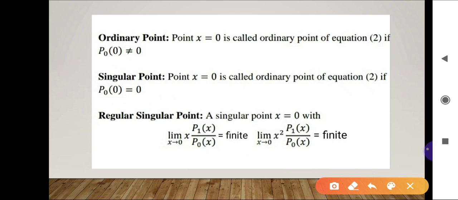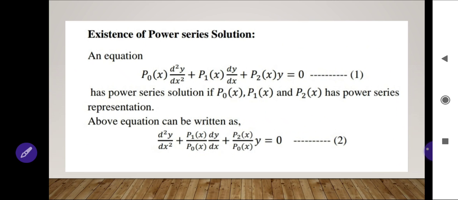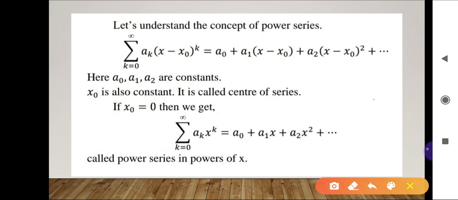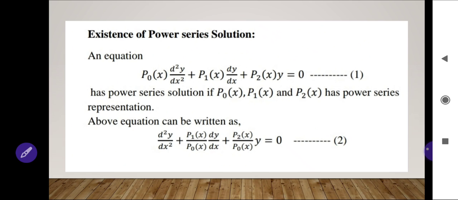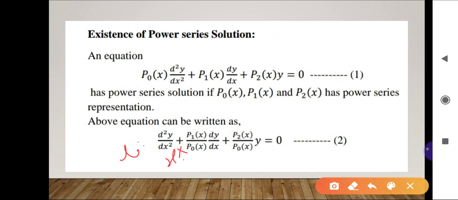For that we just multiply the coefficient of dy by dx, that is p1 of x by p0 of x, by x and take a limit x tends to 0.